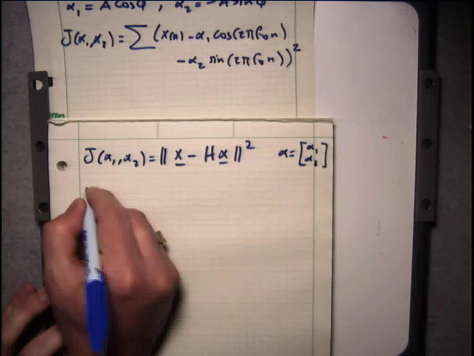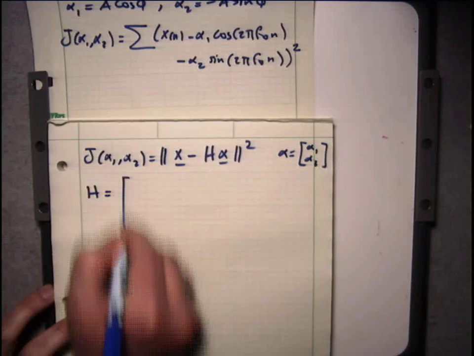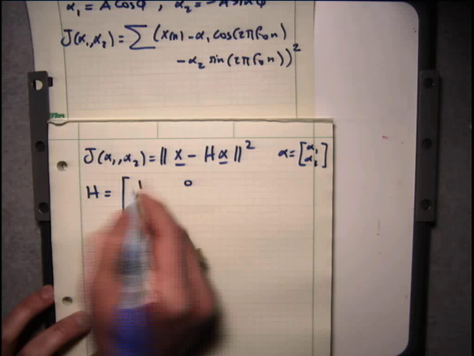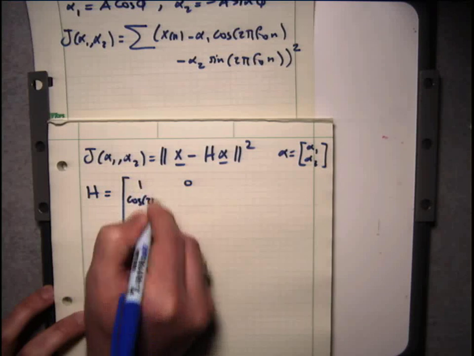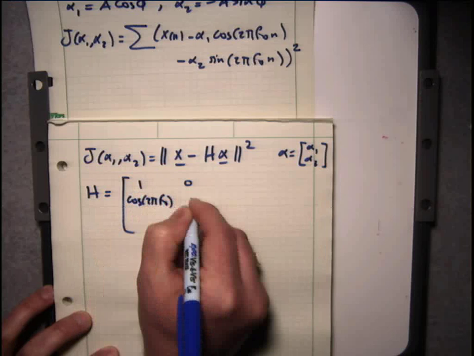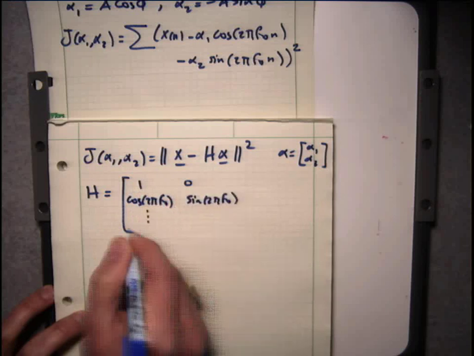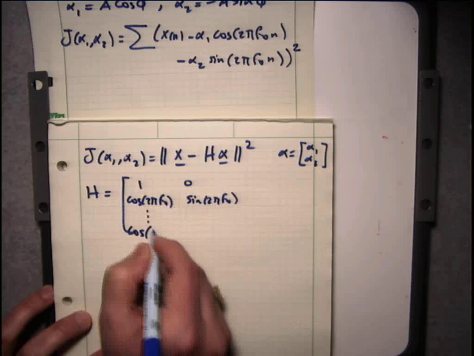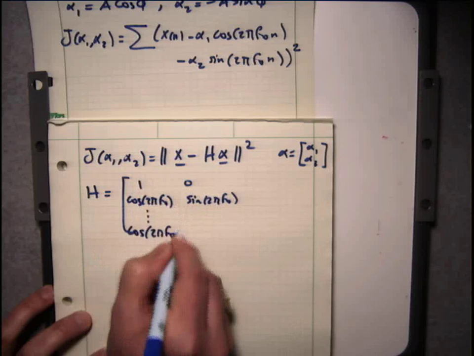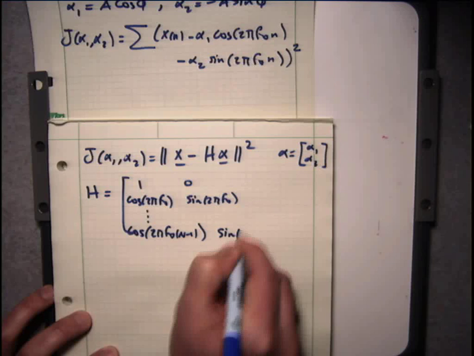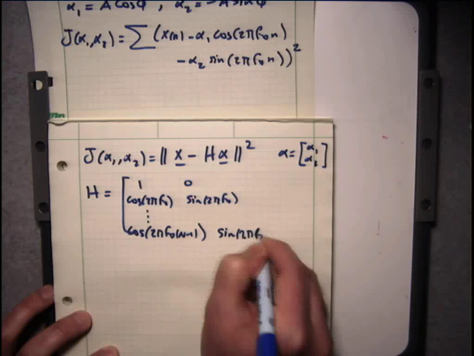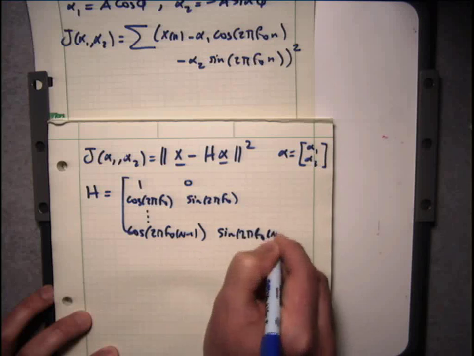And H is 1, 0, cosine 2 pi f0, sine 2 pi f0, and so on up to cosine 2 pi f0 times n minus 1, sine 2 pi f0 times n minus 1.